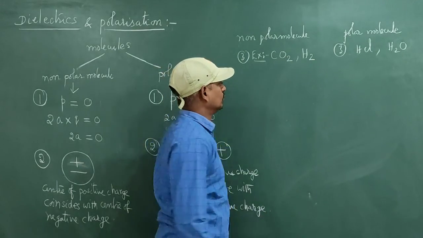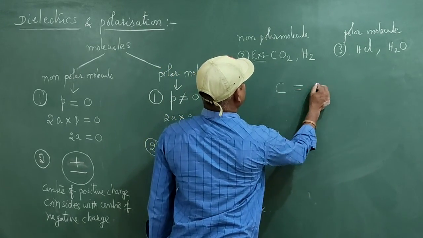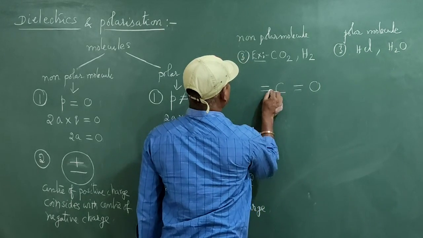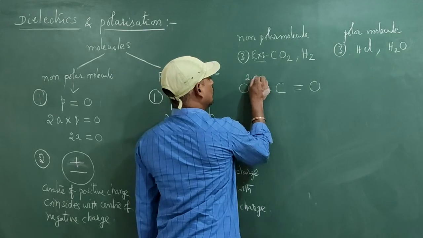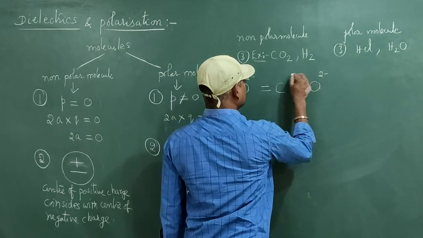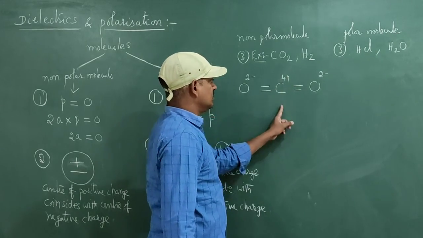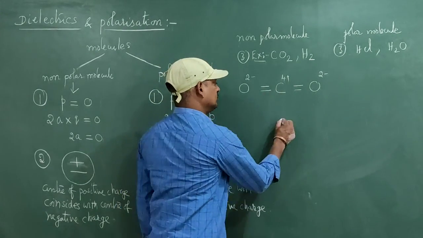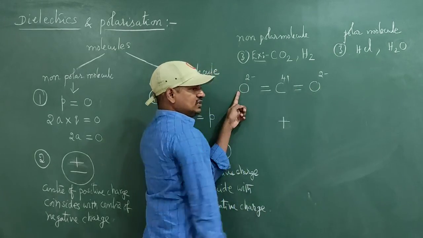Now, here is CO2. This is carbon, and you are having a double bond with O, and here you are having a double bond with O. As far as I know, here O2 minus, carbon 4 plus. Where is the center of positive charge? It is here. This is negative charge, this is negative charge.